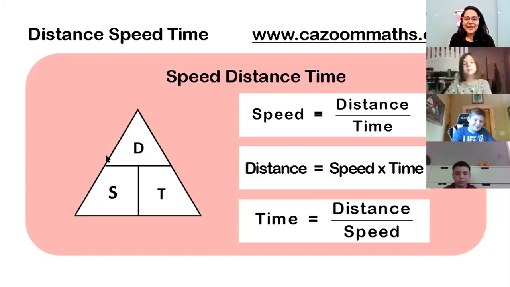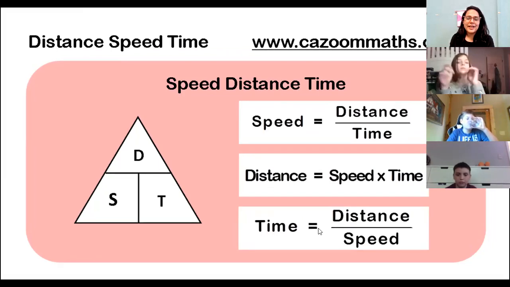All right, so we have speed, which is distance over time. This bar here means division. You divide the distance by the time that it took, and that will give you the speed. Distance, I would like to think of this as the easy one, speed times time. Very good, Sims. And the formula for time is distance over speed, or distance divided by speed.